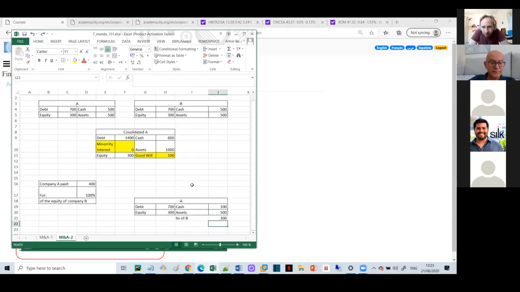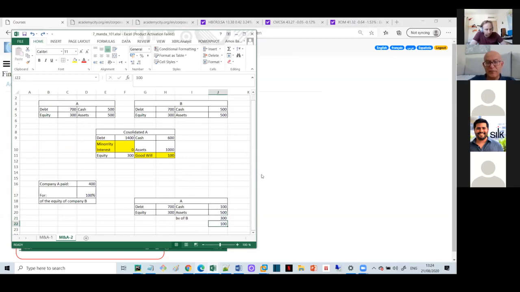When company A acquires 100% of company B and pays an extra $100 in this case, or $100,000 in this case, we will create an intangible asset called goodwill. And how do we do that? The cash goes down from 500 to 100, and we'll have investment in company B. We replace that investment, split it into two.